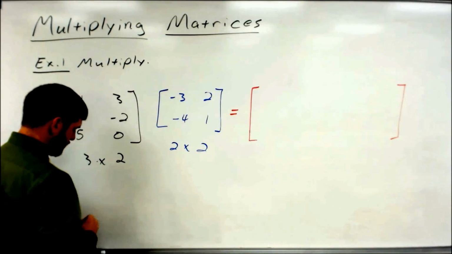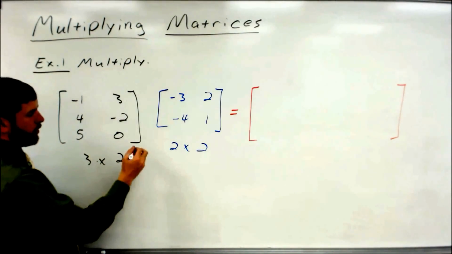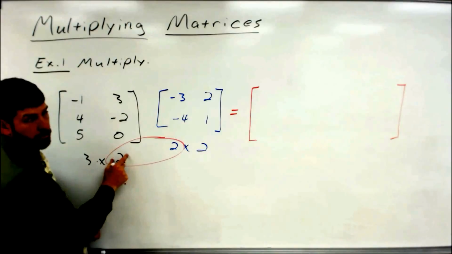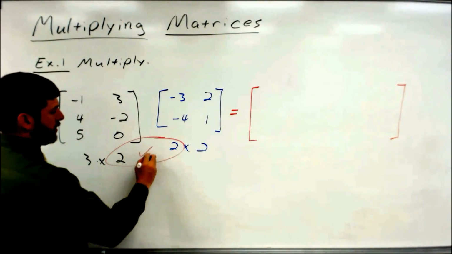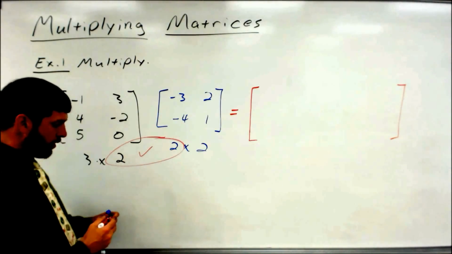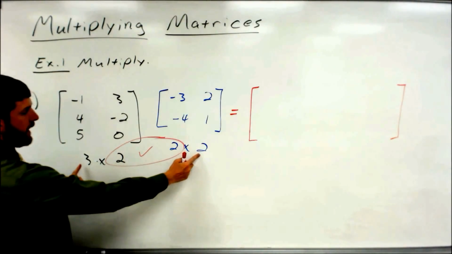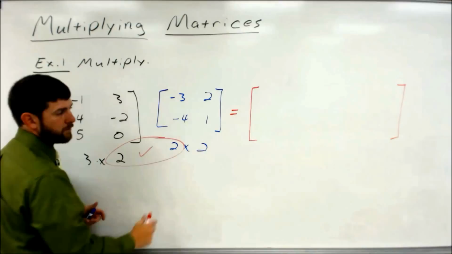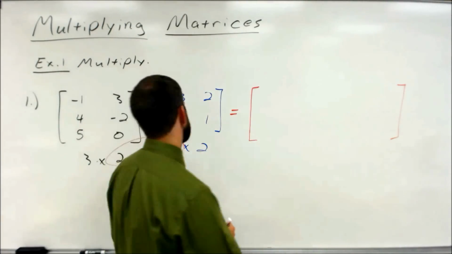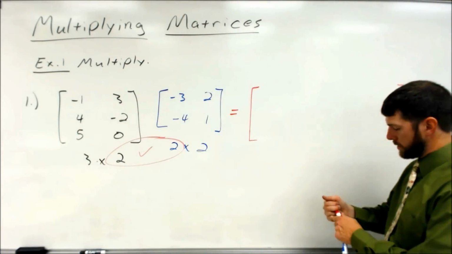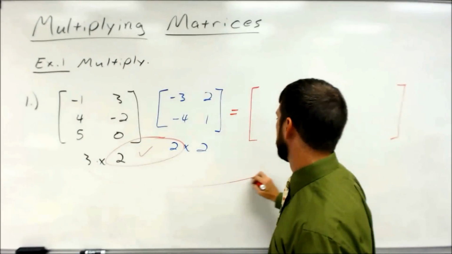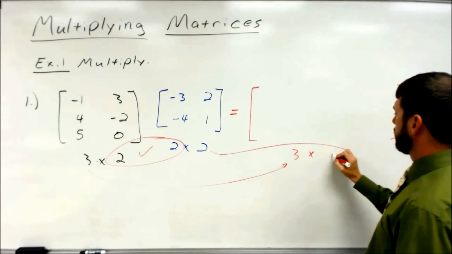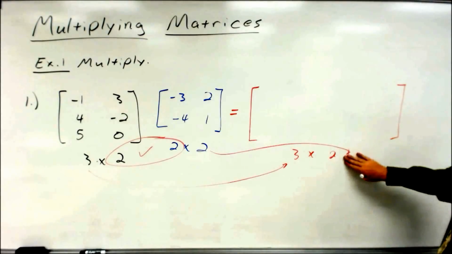If you write it in this format, and these two inside numbers match, columns from the first, rows for the second, we're allowed to multiply. What's really neat is that the outside numbers, the number of rows from the first matrix and the number of columns from the second matrix, produce the size of our product matrix. So these two are going to tell me how large my product matrix is.